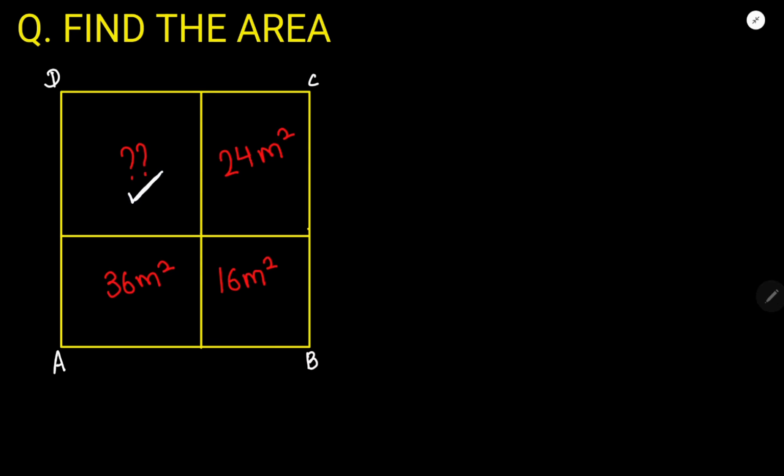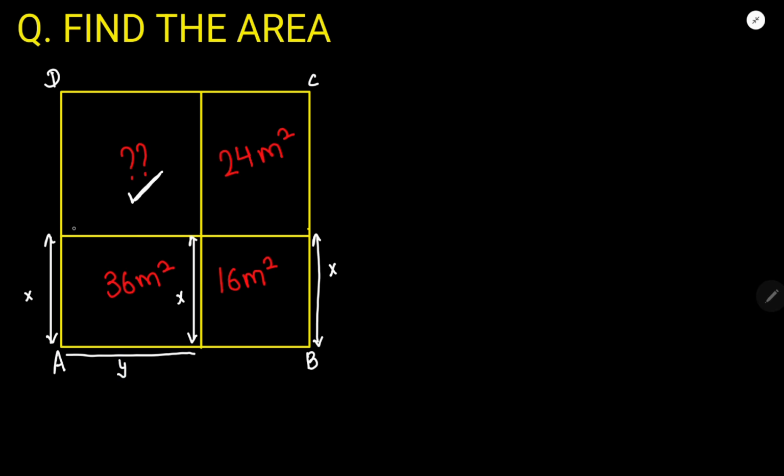Okay, so as we can see, suppose we say this side is x, right? Then this will also be equal to x, and this will also be equal to x, right? Then I take this as y.